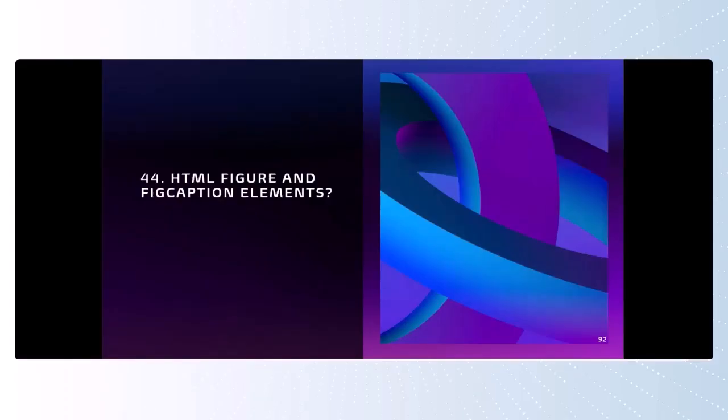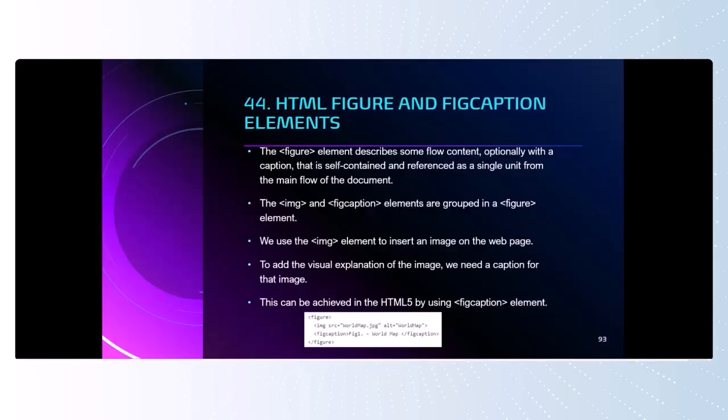What are the HTML figure and figcaption elements? The figure and figcaption elements are used so you can include an image, and then the figcaption displays text underneath the image.